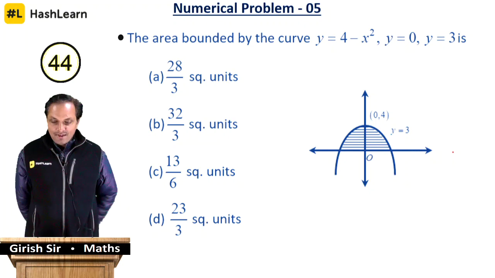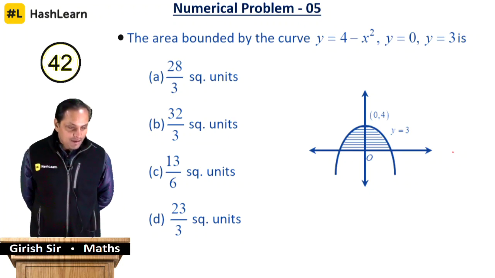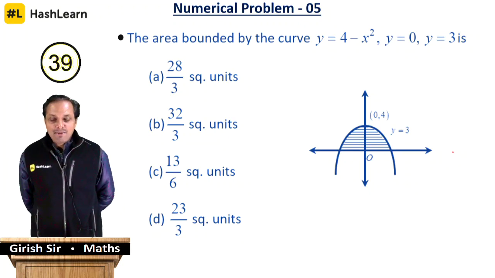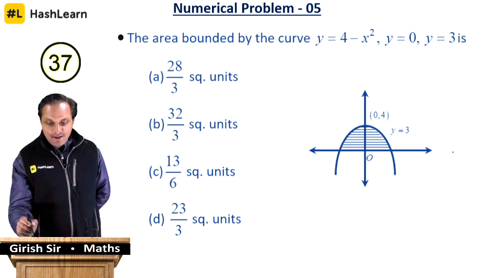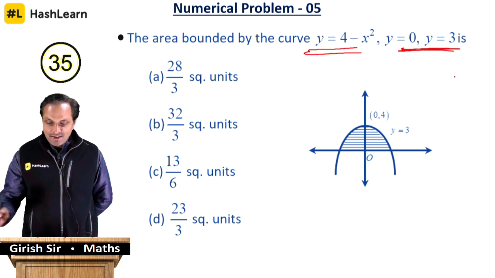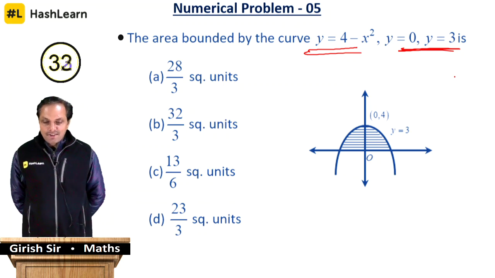Here is the problem. Yes, come on, Pushan. Already the diagram is given and they have given you the curve and also they have given you the limits. Chalo, find karo quickly. What is your answer?